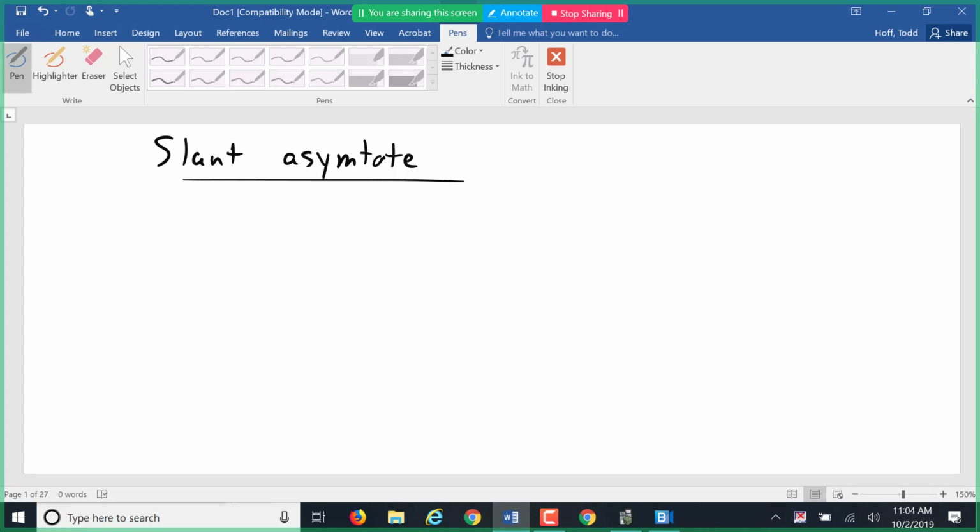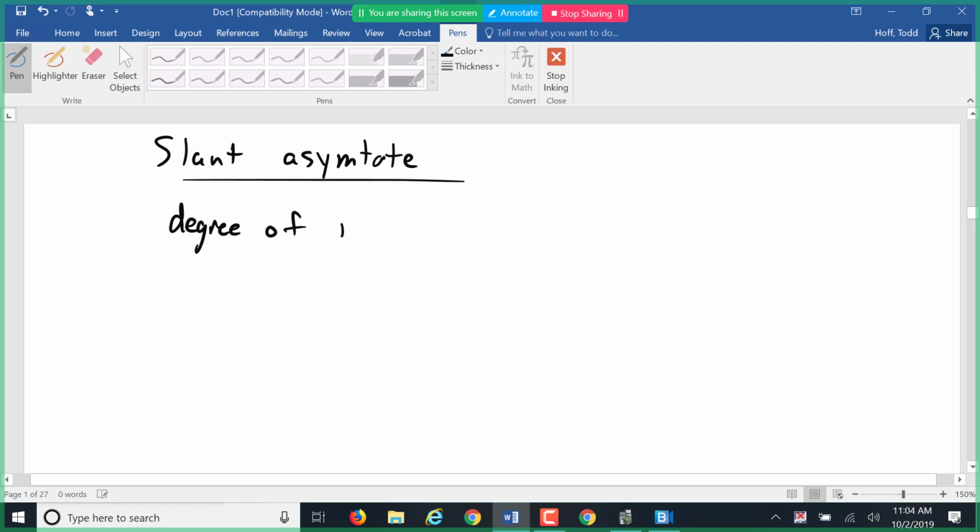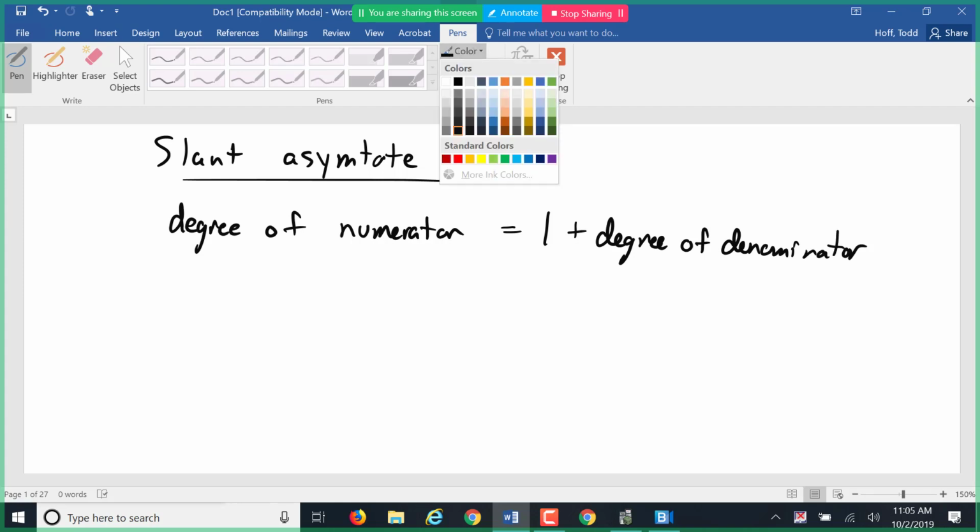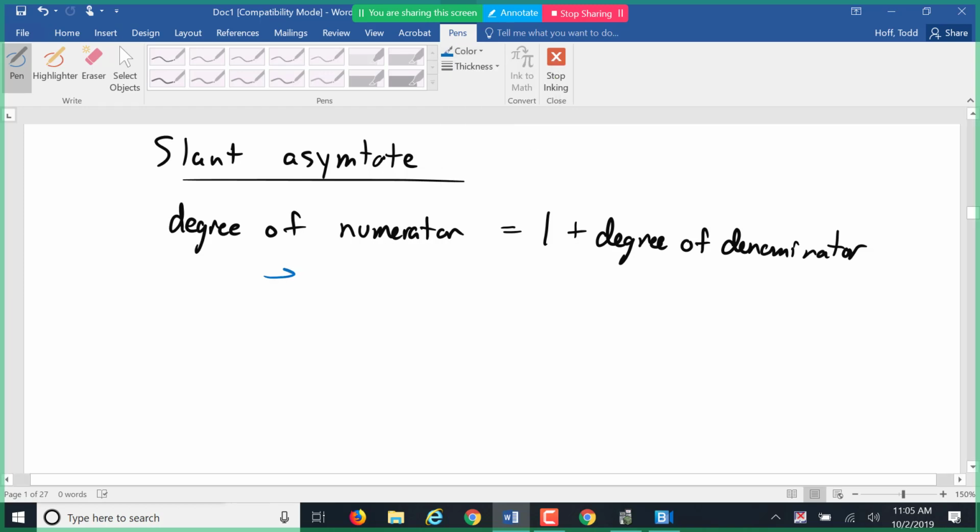If the degree of the numerator is equal to 1 plus the degree of the denominator, it doesn't guarantee it, but there could be a slant asymptote.